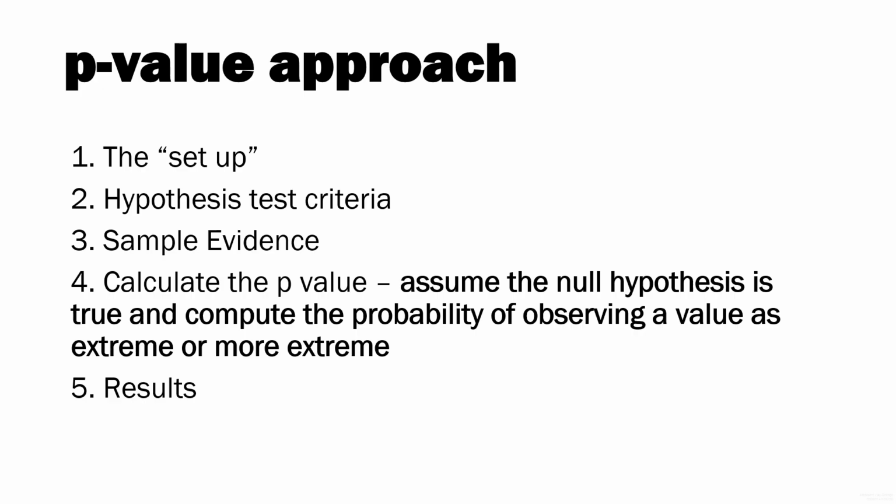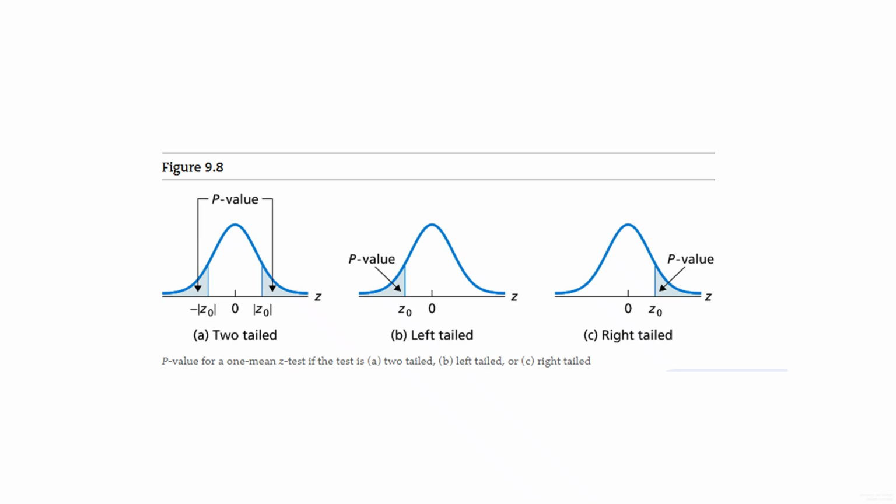So when calculating the p-value, assume the null hypothesis is true and compute the probability of observing a value as extreme or more extreme. Now you guys won't really be computing those, you'll be estimating them, and I'll teach you how to do that in a bit, but on the computer it will calculate a probability for you, and then we've got our results.